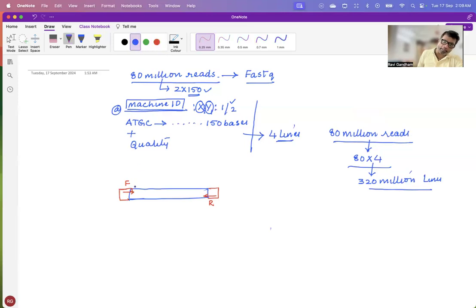So what is happening? If the template has got a G, you will have a C added. And if it has got a T here, you'll have an A added in the process of synthesis of this particular read. And this read runs to a length of around 150 base pairs, for example, right? Now, what happens? This C that is being read here is basically attached to a fluorophore.